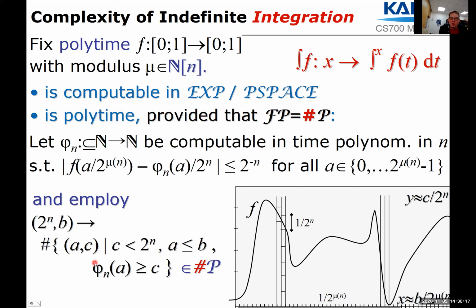And again, for the proof, we would construct a certain integer counting problem that we could show to belong to the class #P, and using the hypothetical algorithm that solves this counting problem in polynomial time would allow us to compute the indefinite integral in polynomial time.